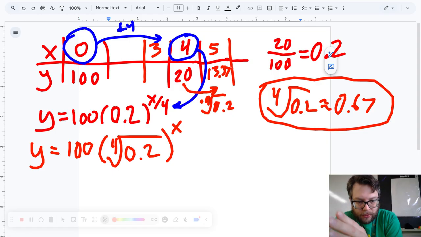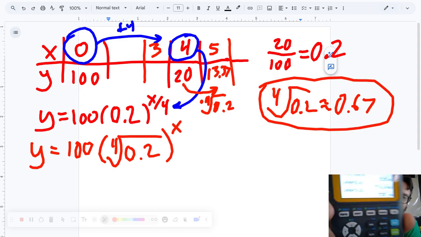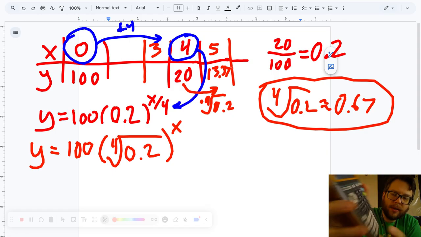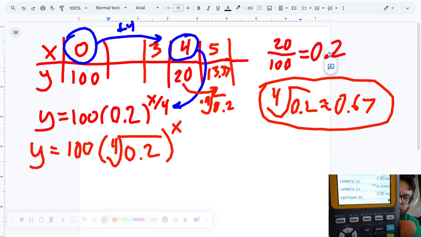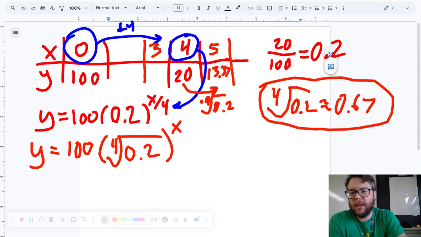Well, if working forwards means multiplying, then working backwards means dividing. So if I take my 20 times the 4th root of 0.2, and I just change my times to a divide, that should tell me what came before. So that number right there came when x is equal to 3, so 29.91.